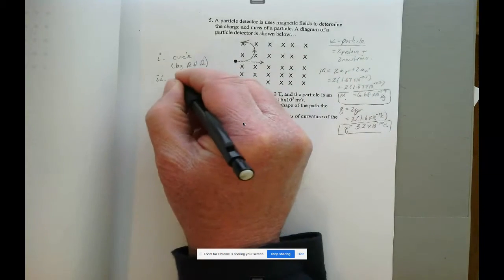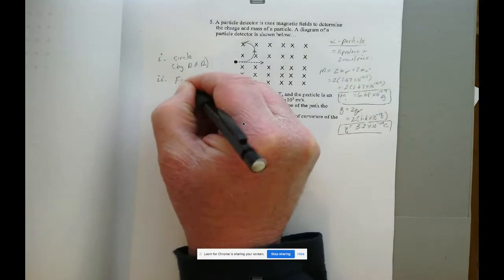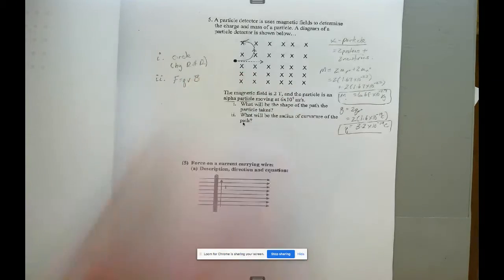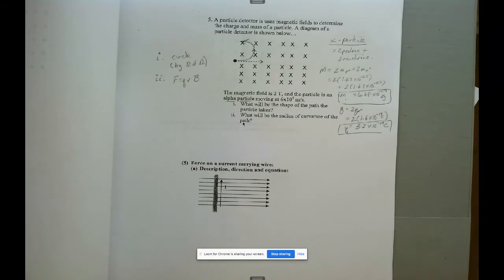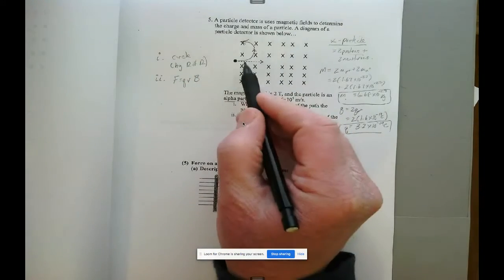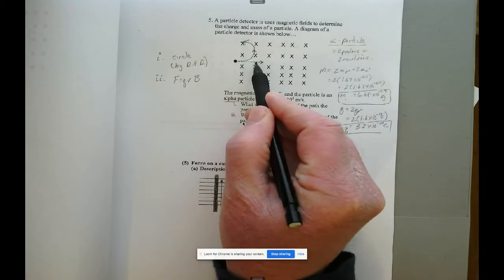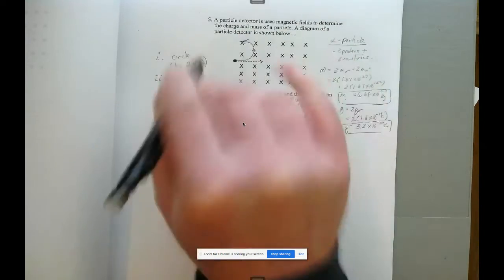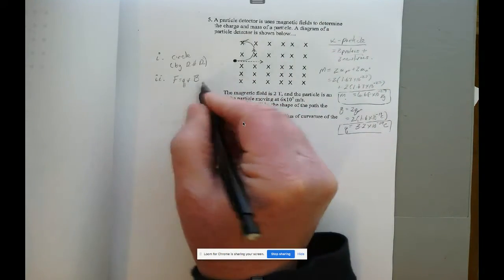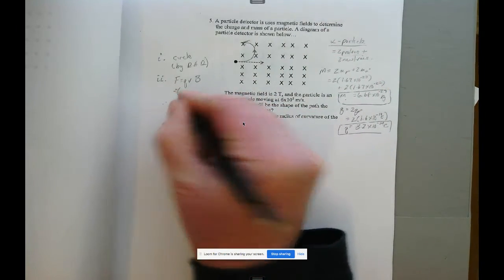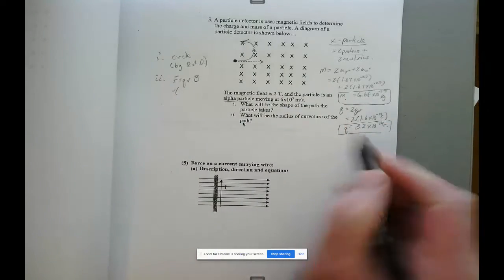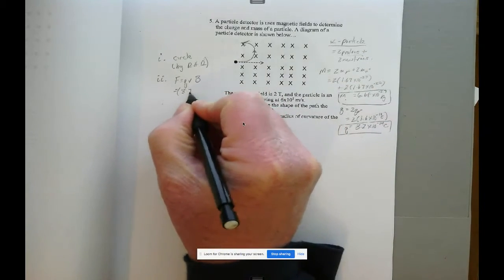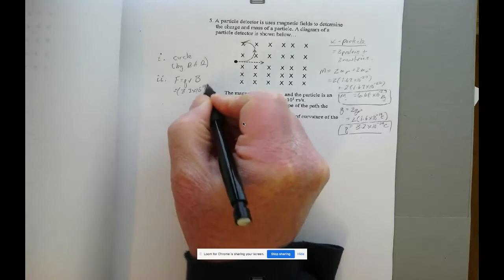So we're going to start out by using this to find the force on the particle. And I'm not worried about the sine theta because everything's at right angles here. I'm moving this way, and the magnetic field is into the page, so they're at right angles. So I can just use QVB and ignore the sine theta. The Q we found over here, 3.2 times 10 to the minus 19th.